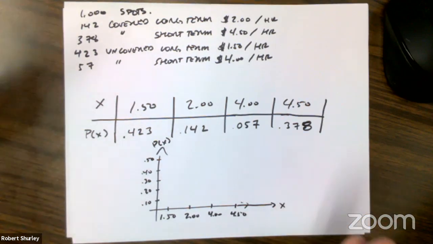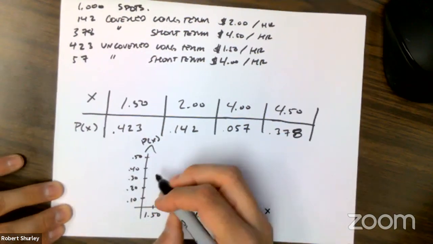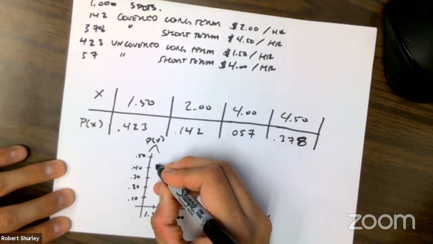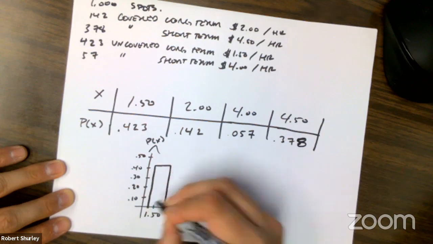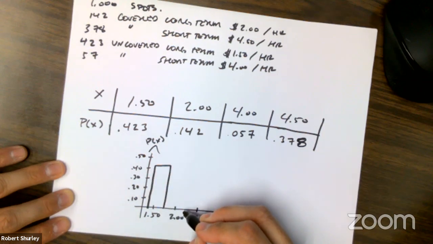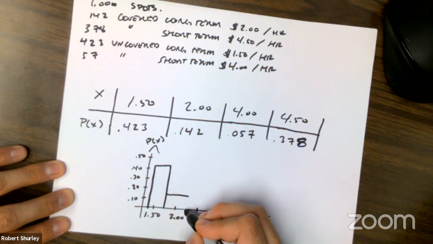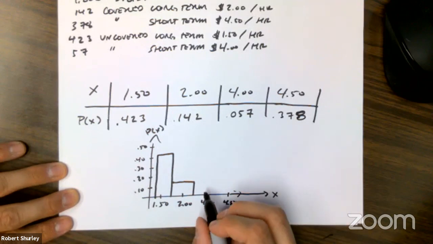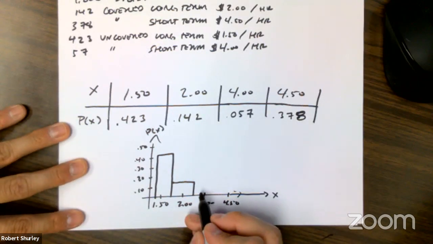Now histogram, remember, we're going to put the bars together. So 1.5 was 0.423. So about right there. 2.0 is 0.142, about right here. Now, this isn't the best example because that bar's way wider. That's just because I'm human, okay? 4 was real thin, so 0.05 about right there.